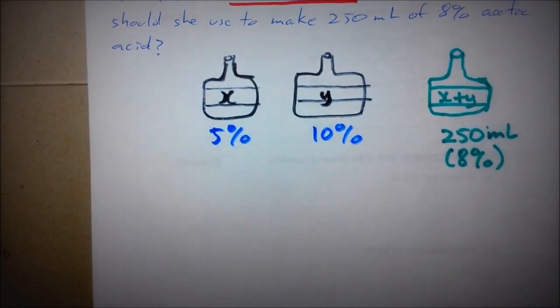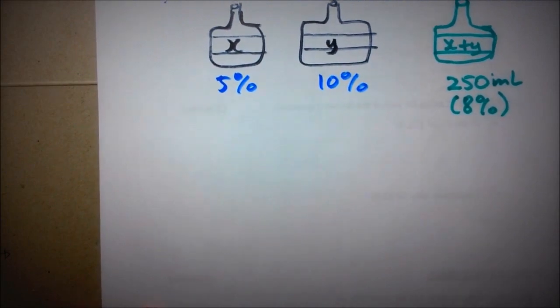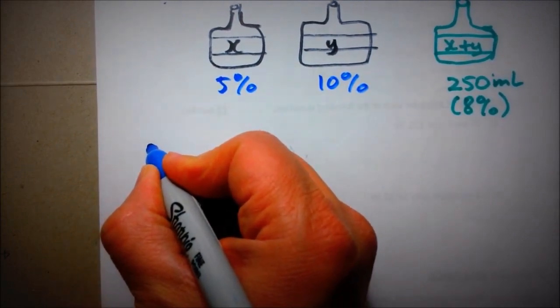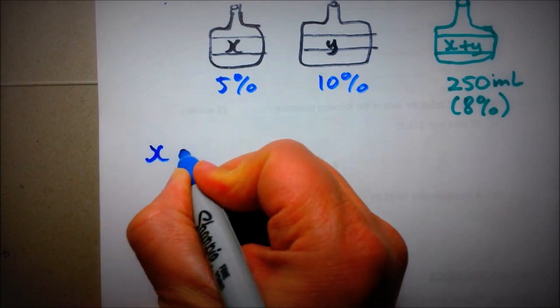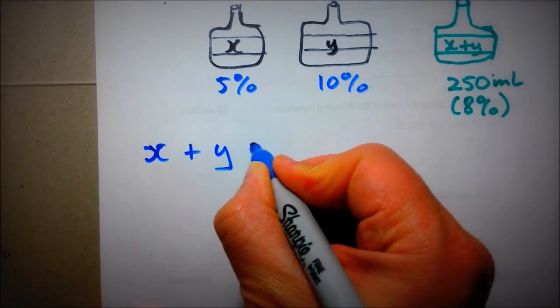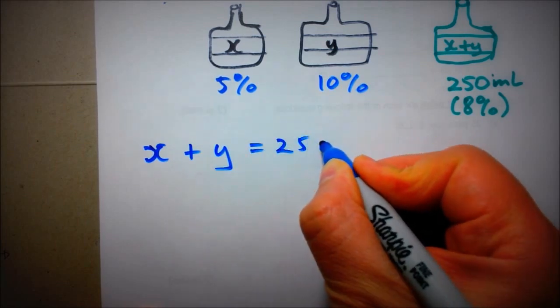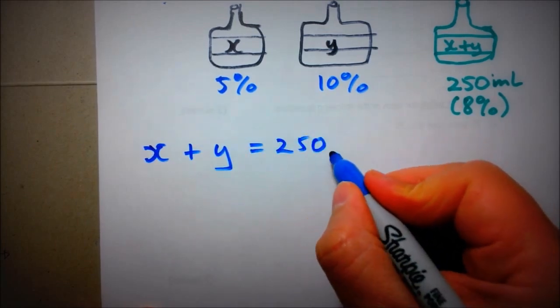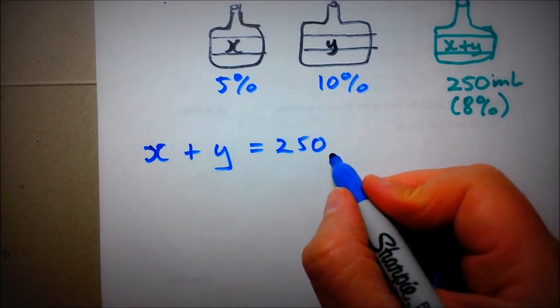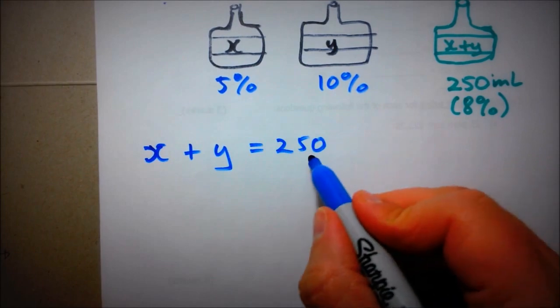So we want to say the following. Let me start that over here. We want to say that at the end, when you add the amounts of bottle X plus bottle Y, you want to get a total of 250 milliliters. I won't put the units there. However, we want to get 8% of acetic acid at the end.